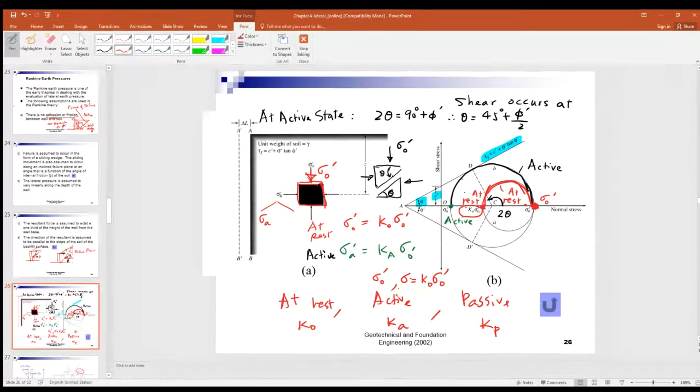And the horizontal stress, K naught times the vertical stress, with shear stress equal to 0. So you get this point. And with these 2 points, you can draw a small circle, right? So the red circle represents the at rest state. Everything in red is the at rest state, okay?